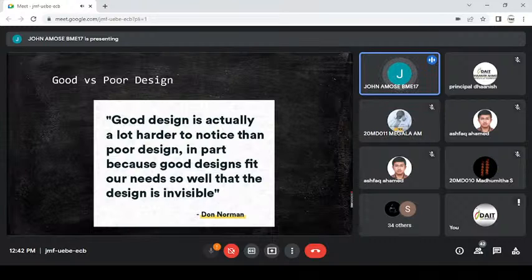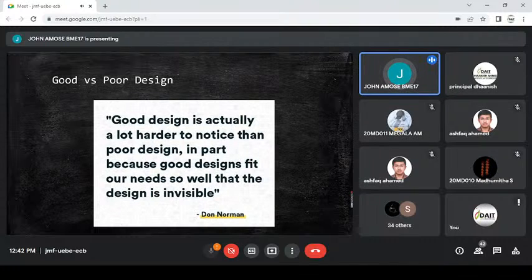Only when the design is very bad will we be able to see it. So generally, if it satisfies our needs, we will not notice it. Something that is designed very well will satisfy our need. We will not actually notice it. Right. That is what a good design is. Every example that I showed now are designs that you can see right away because you know that it is a bad design. Right.